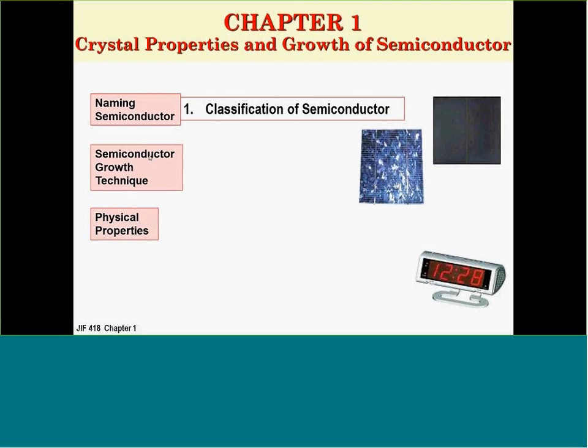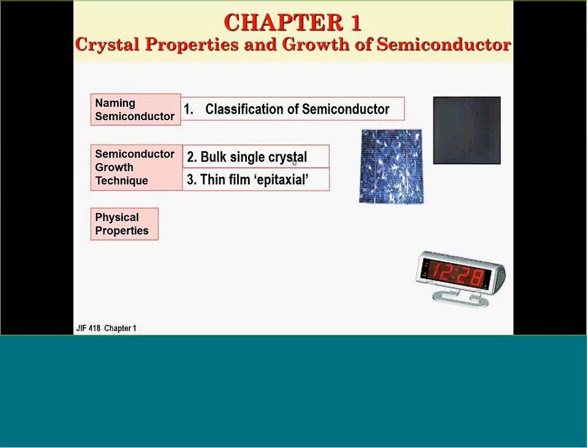And then under the topic of semiconductor growth technique, there will be the bulk single crystal, which we are going to use for the substrate, that is the lower part of the devices.